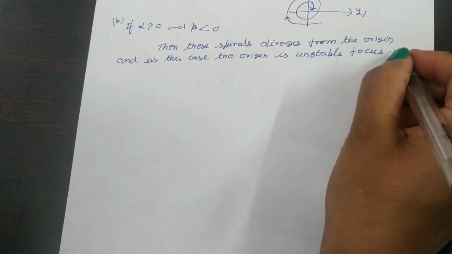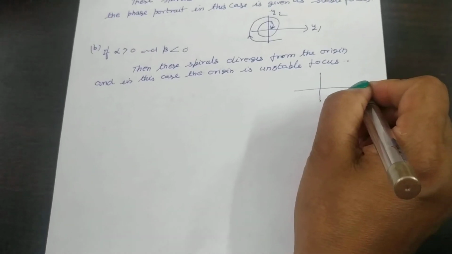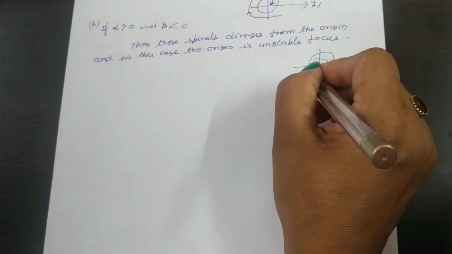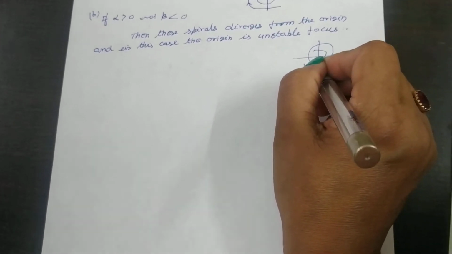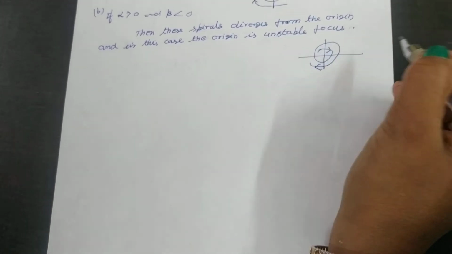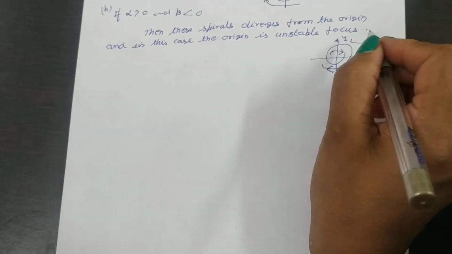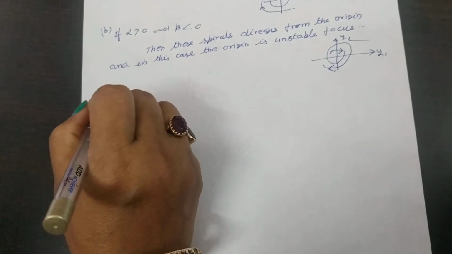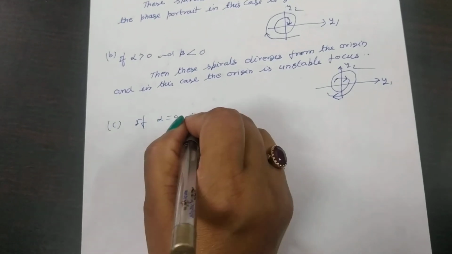The phase portrait is given like this, all going outside, all going away from the origin. Here is y1 and here is y2.